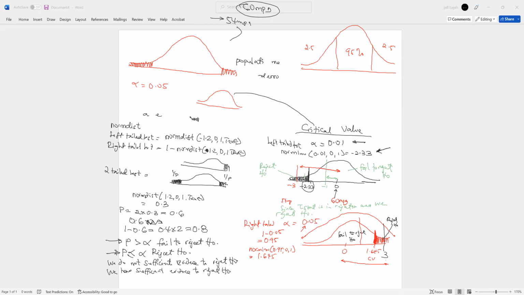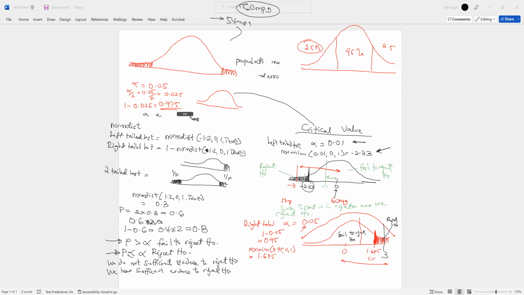Now, to solve this question, we do it very easily. We say, okay, for the left side, it's going to be alpha over 2, which is 0.05 divided by 2, which will be 0.025, which we kind of know, right? Same thing as here, because remember, this is percent. And then for the right side, it's going to be 1 minus 0.025, which is going to be 0.975, which we also knew.